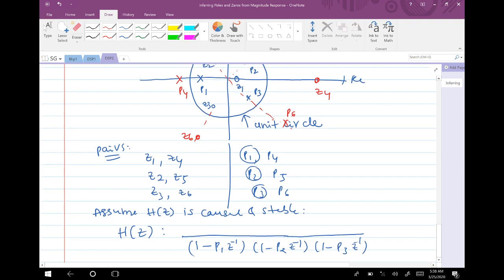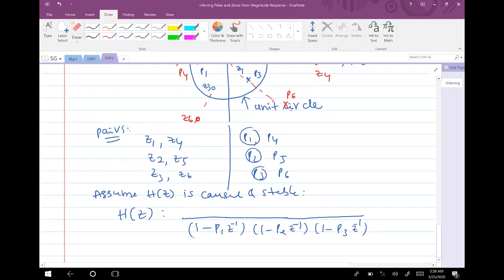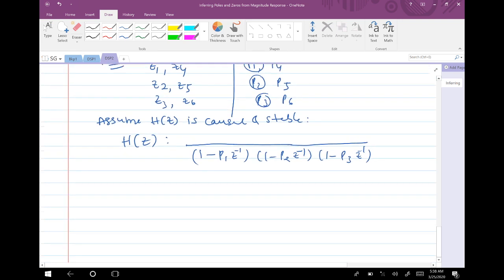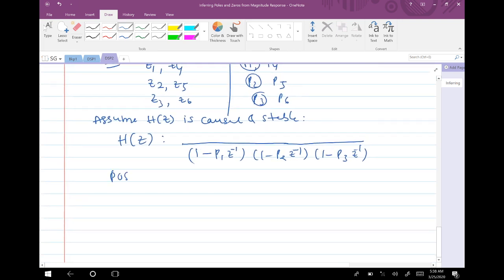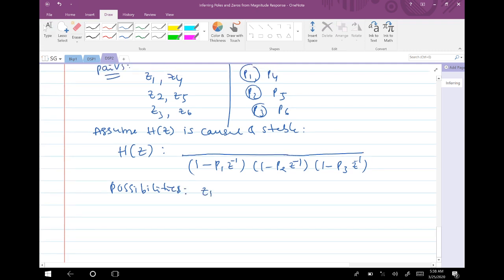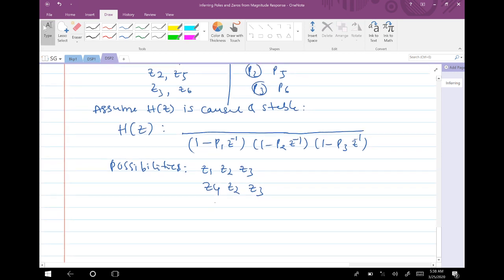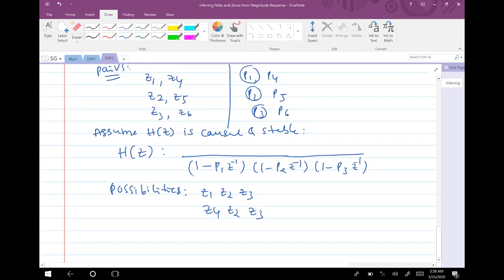Those are the ones, and then it could take either as zeros. What are the possibilities for zeros? For example, it could take Z1, Z2, Z3. Or instead of Z1 it could take Z4 and remain the same. There are multiple combinations here.